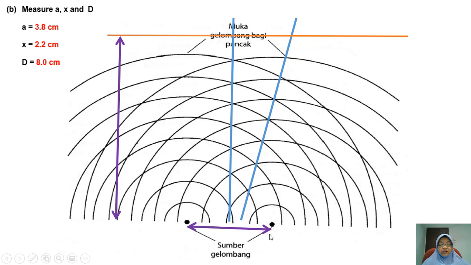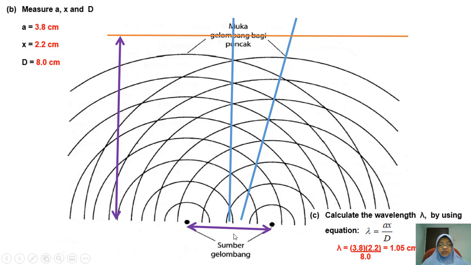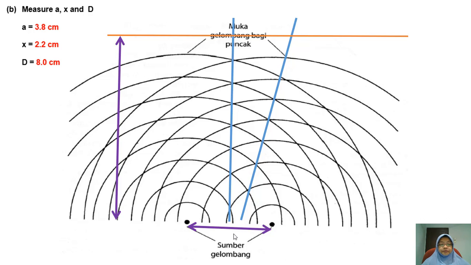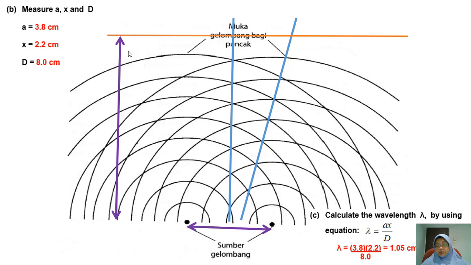A is 3.8 centimeters. X is 2.2 cm, and D is measured as 8 cm. So using the formula lambda equals AX over D, we get lambda equals 1.05 centimeters. And you can test whether it is right or not by measuring the real value of lambda on this picture.